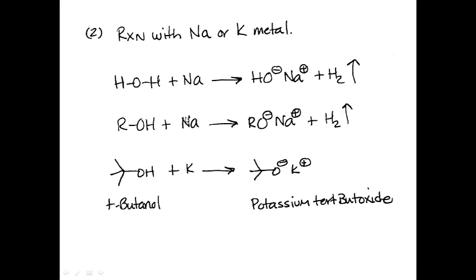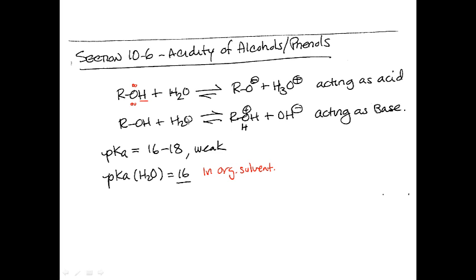So when I want to make alkoxides, going back here, we have talked and will talk in more detail about protonating OH groups to form oxonium ions. If you remember from last semester, we did that when we did dehydration reactions of alcohols. We added either sulfuric or phosphoric acid, or I substituted an OH group with a Cl or a Br by adding HCl or HBr.